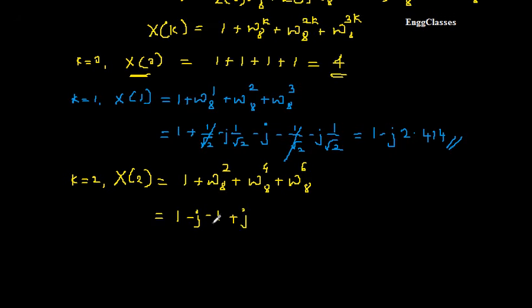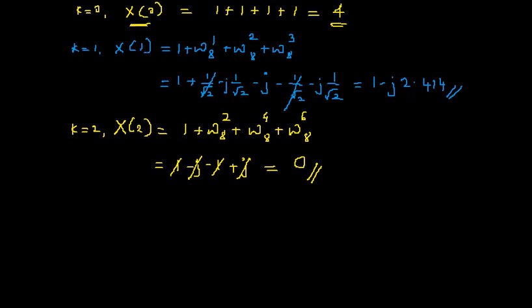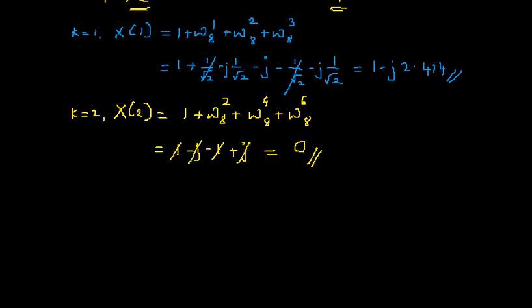So what I'm going to get now, minus j plus j would cancel, minus 1 plus 1 will cancel. So ultimately I'm going to get 0 for X of 2. Is that okay? Similarly, proceeding further, next for k equal to 3, I'm going to get X of 3.